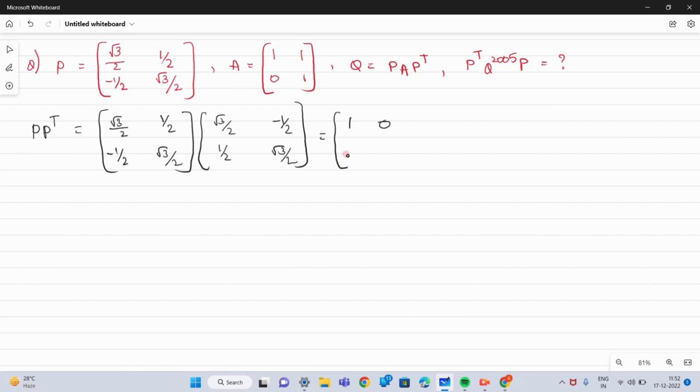The other terms get cancelled, so 0, and similarly this becomes 1, which is nothing but the identity matrix of order 2 cross 2.